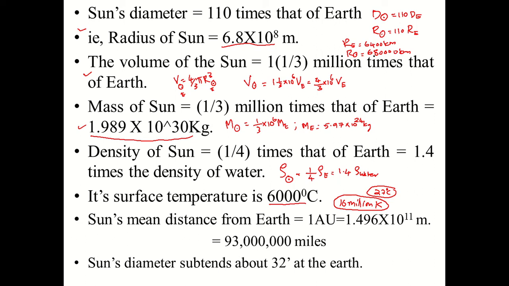Now another thing is the distance between the Earth and the Sun, which is called one astronomical unit. It is a fundamental unit of distance, the astronomical unit, AU, which is equal to 1.496 into 10 raised to 11 meters.